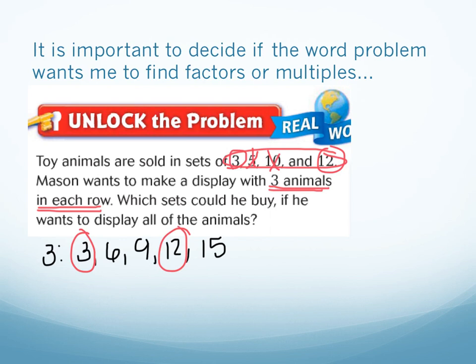That means that Mason can buy the animals that are sold in sets of 3 or 12 and arrange his animals in rows of 3 without leaving any behind.